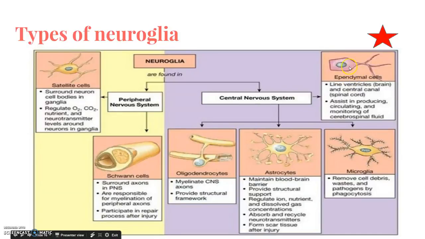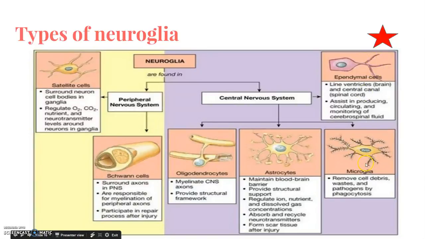Some have cilia, these little projections, and some are without cilia. They're basically working to produce cerebrospinal fluid. So they're producing a fluid and putting that out around to bathe the brain in that liquid. The ones with the cilia help move the fluid around.